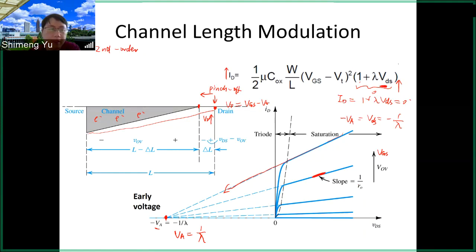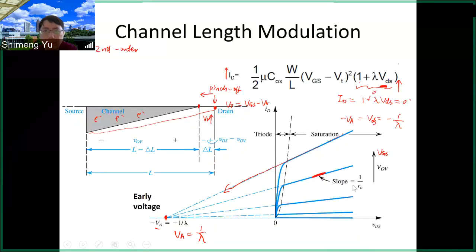If you design, for example, a voltage amplifier, you want to amplify a small signal sinusoidal wave to a large signal sinusoidal wave, then the transistor voltage gain depends on this slope.